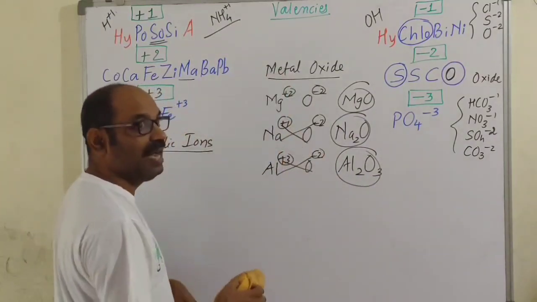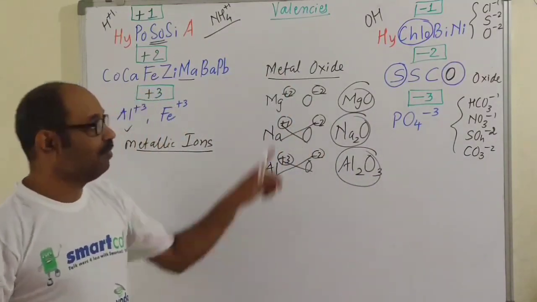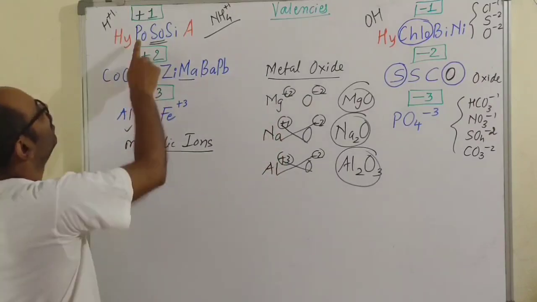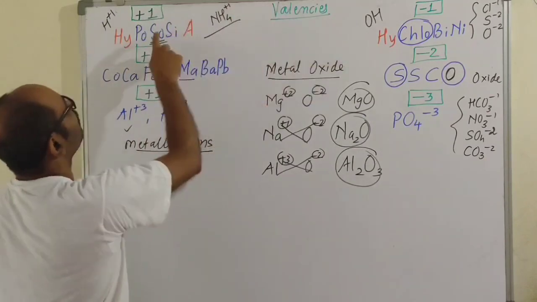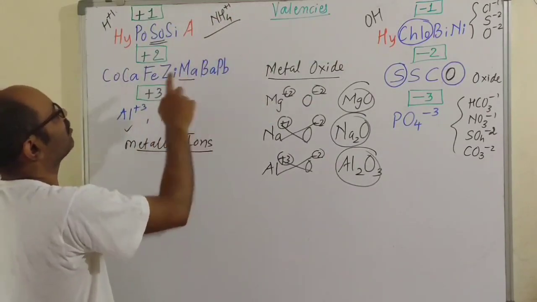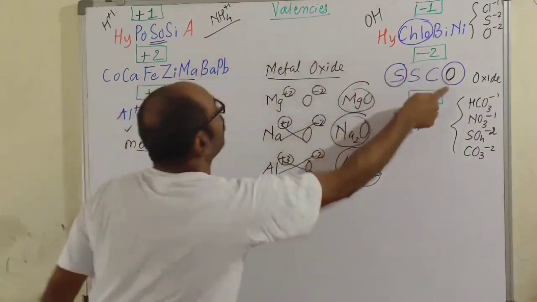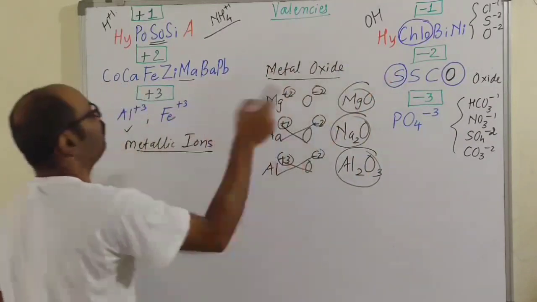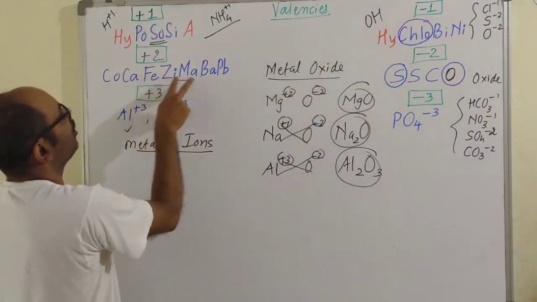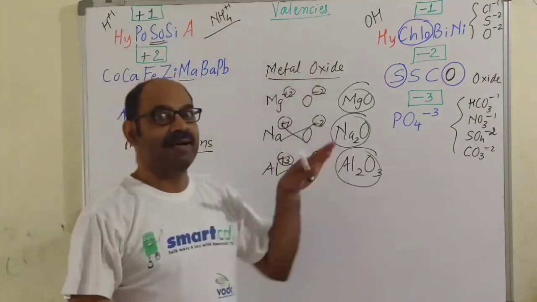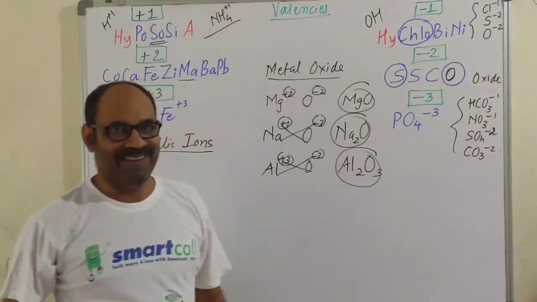So this is how you will get the molecular formula of metal oxide. कितने मिलेंगे बताइए? How many metal oxides? Potassium oxide, sodium oxide, silver oxide, copper oxide, calcium oxide, ferrous oxide, zinc oxide, magnesium oxide, barium oxide, lead oxide, aluminium oxide and ferric oxide. 2, 4, 6, 8, 9, 10, 11, 12. So 12 metal oxide formulas you will get from here.